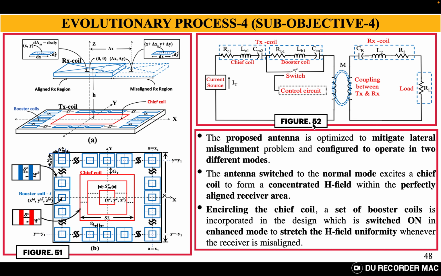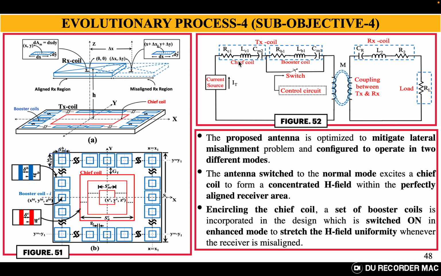In figure 52, I can clearly explain how the functionalities happen. If you see the chief coil and booster coil, when the switch is activated using a control circuit such as Arduino, whatever current is passing through the chief coil will bypass the booster coils. This becomes mode 1 operation of the booster coil.